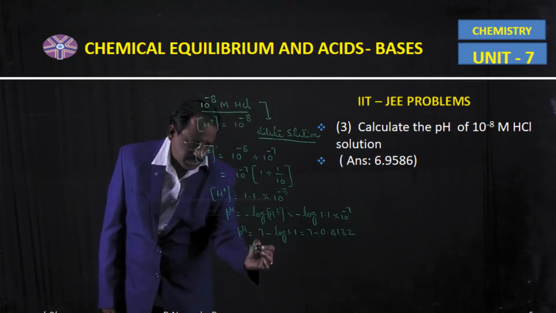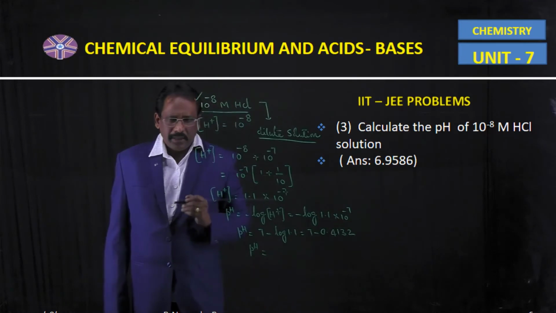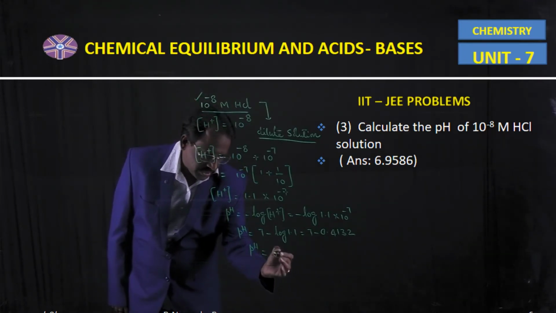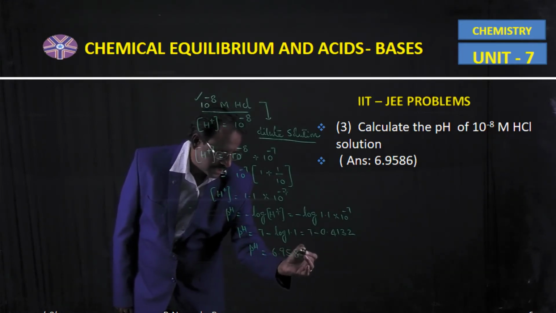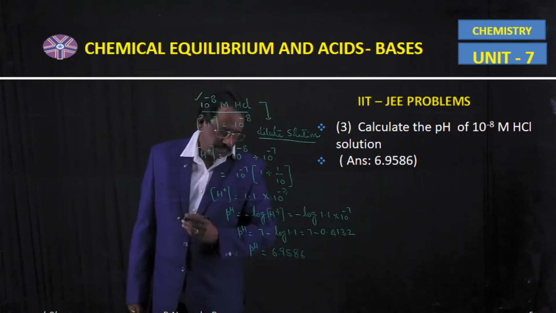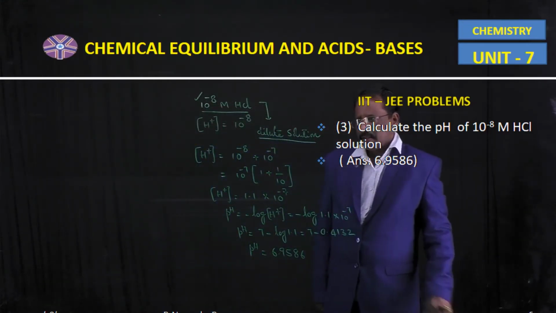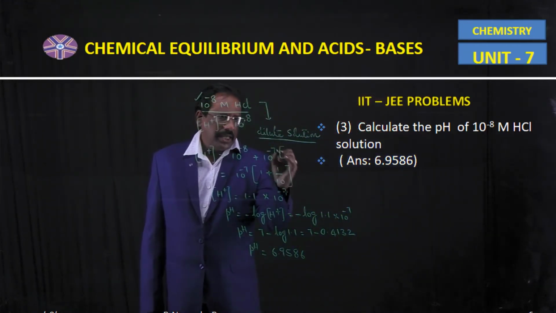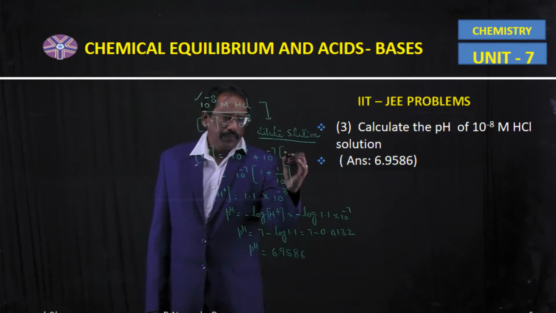Therefore pH of this very diluted HCl solution is equal to 6.9586. So here the very important point is to add 10 power minus 7 from water.